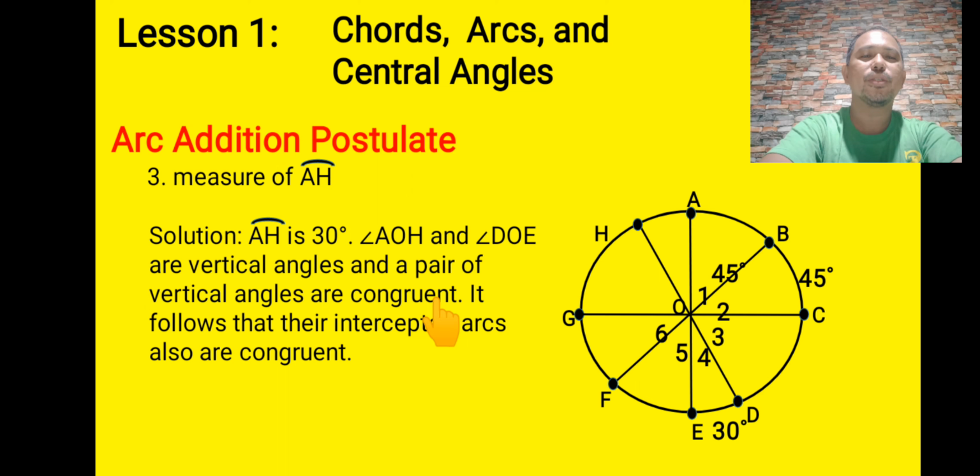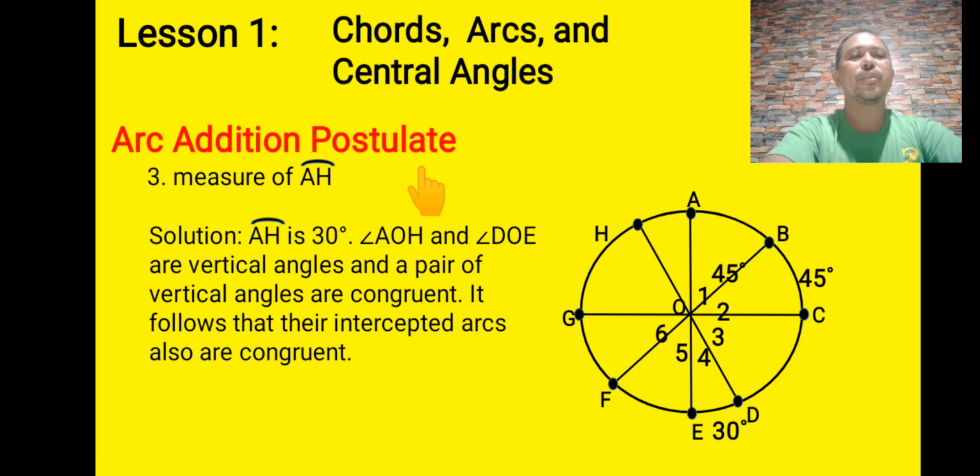So when we say congruent, their measures are equal. So it follows that their intercepted arcs also are congruent. So if this angle and this angle are congruent, then their intercepted arcs are also congruent. So that's why the measure of arc EH is 30 degrees.